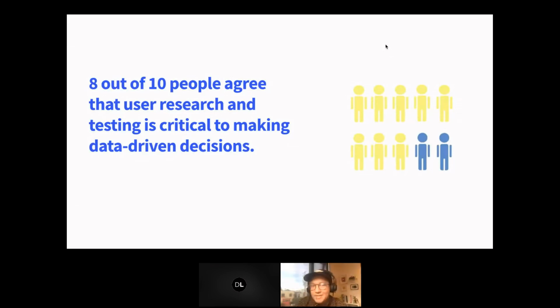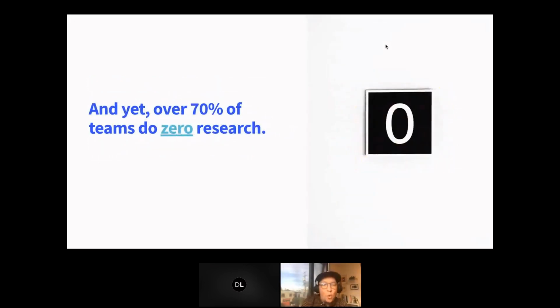So 8 out of 10 people within the design field agree that user research and testing is critical to make those design decisions. Yet over 70% of teams don't do research.